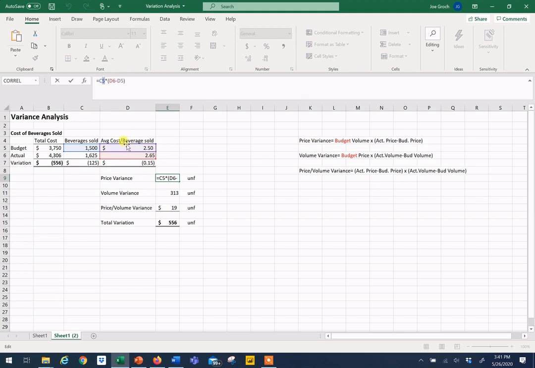Then we take the difference between the average cost of the beverage sold from the budgeted and the actual, to be more precise, the actual minus the budget. And this is what we get as a difference, $225. So we know that $225 of this $556 variance is due to price, or due to cost. So there's a difference in that cost.